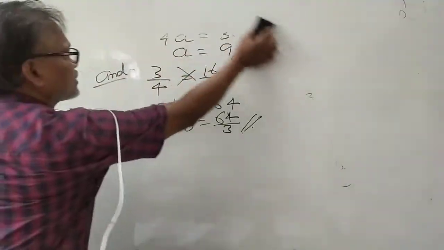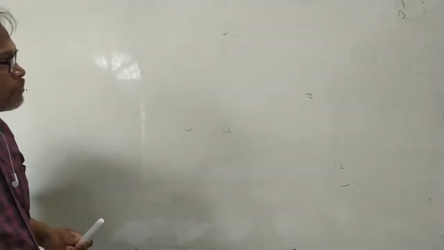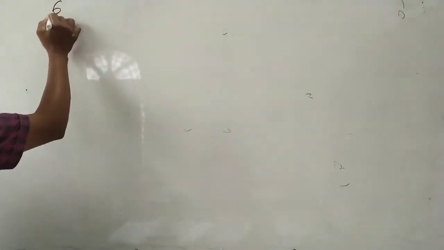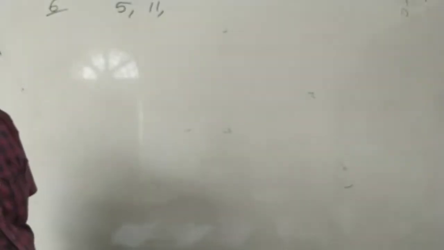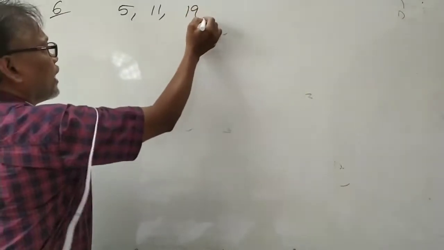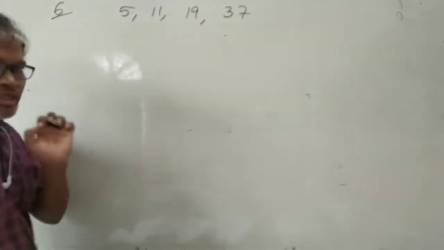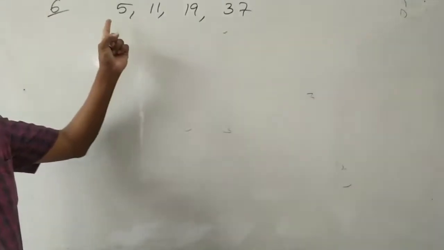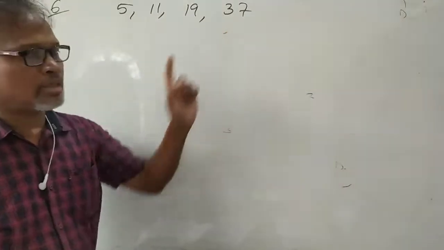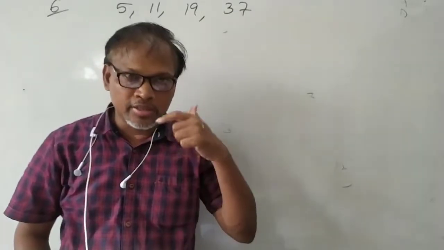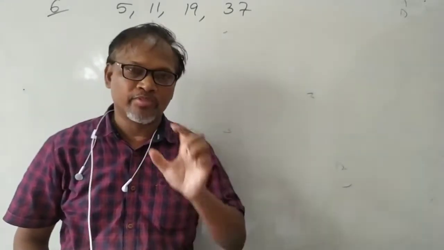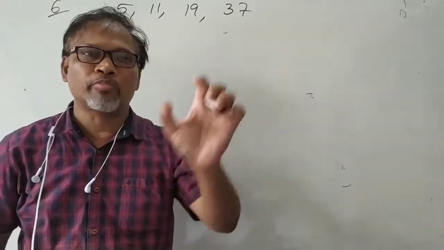There are four numbers given. What number must be added to 5, 11, 19 and 37 so that the resulting numbers, after addition, are in proportion?